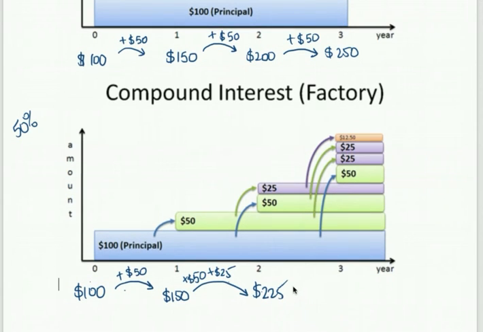Okay. All right. So let's see what happens in the last year here. Again, we're going to take 50% of the principal. So that's $50. And then we are going to take 50% of the first interest here. Then we're going to take 50% of the second interest and 50% of the third interest that we had.